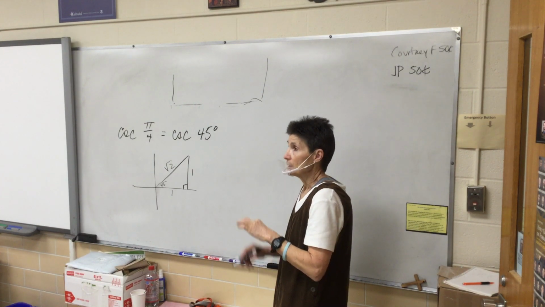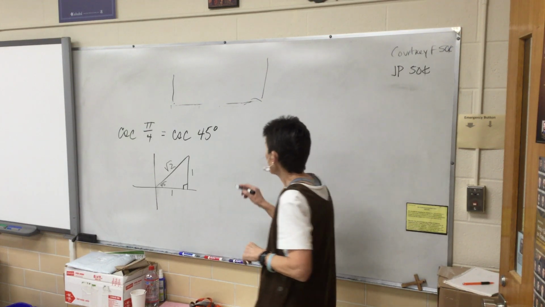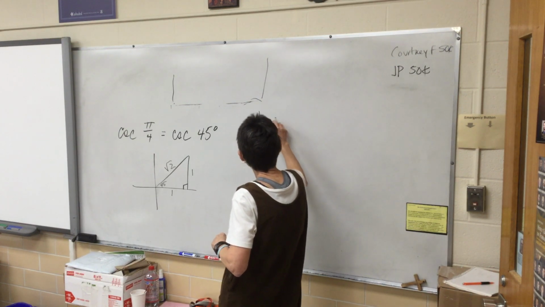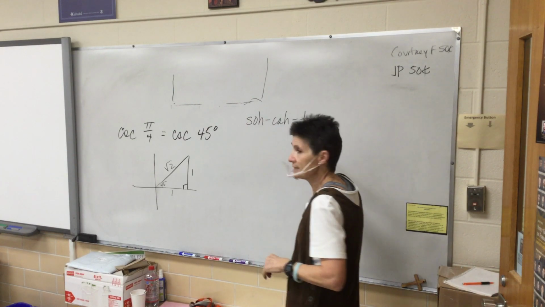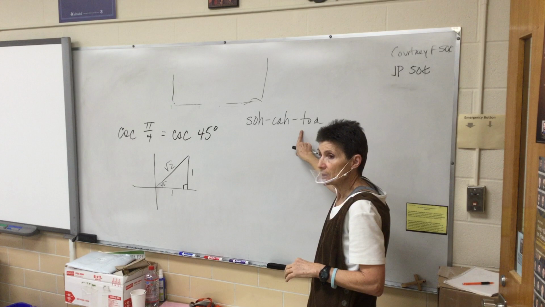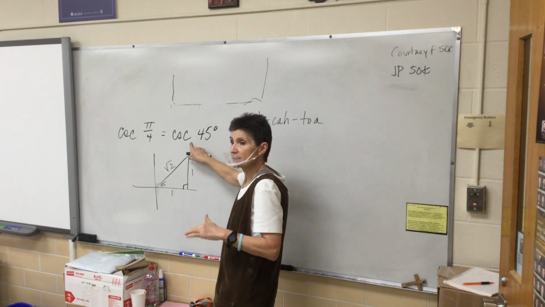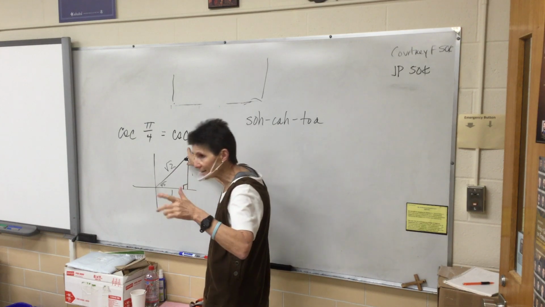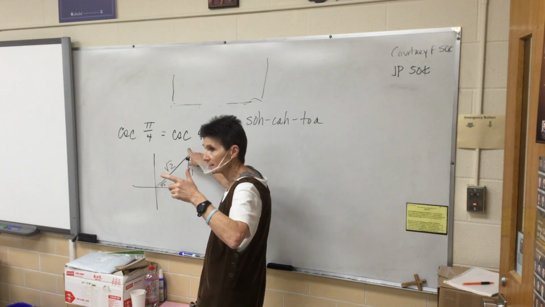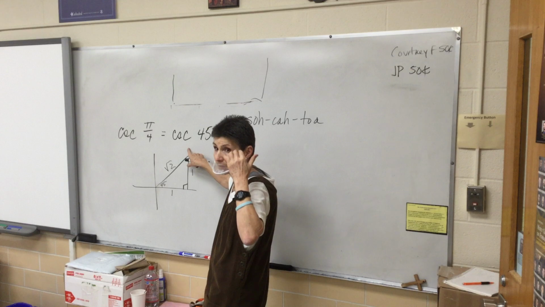Now, cosecant. That is not one of the big three. The big three are sine, cosine, tangent. Cosecant is the flip, or the reciprocal, of what? What is cosecant the reciprocal of? Sine.